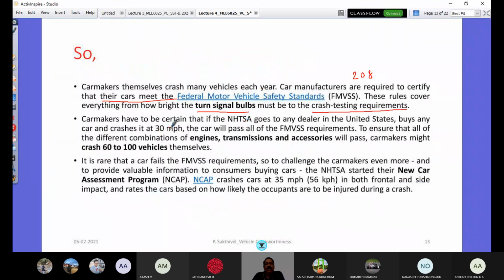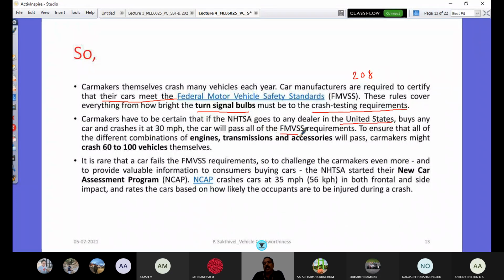The car makers have to be certain that if NHTSA goes to any dealer in the United States, buys any car and crashes it at 30 miles per hour, the car will pass all FMVSS requirements. Why the United States here? Because they are the ones who showed what could be done for safety. And many other developed and developing countries are also following the safety norms for their people.